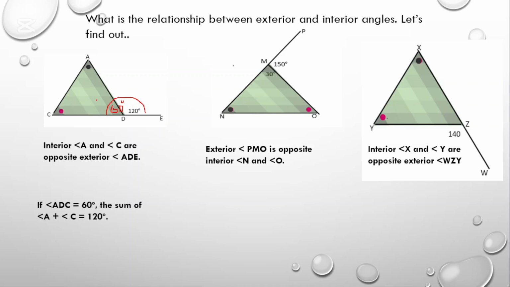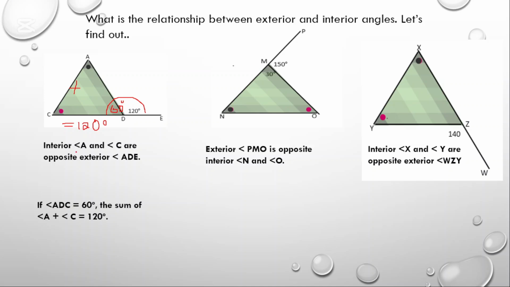So you can actually see that this angle A plus angle C must be equal to 120. Right, A plus C is equal to 120. I do not know the size of each one, but I know that the sum of the two must be 120 degrees. Why? Because this one is 60, so that two together must be 120 degrees.